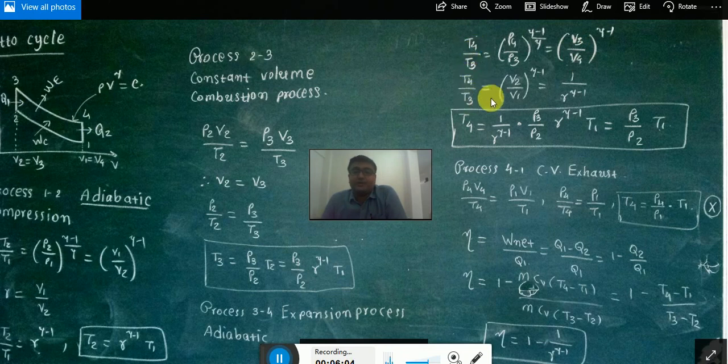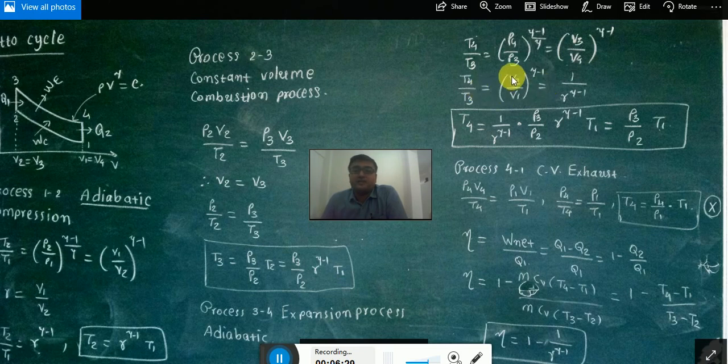So T4 by T3 is equal to V3 by V4 raised to gamma minus 1, and V3 is nothing but V2, because 2 to 3 is a constant volume process, and V4 is nothing but V1 because 4 to 1 is also a constant volume process. So instead of V3 we put V2, and instead of V4 we put V1.